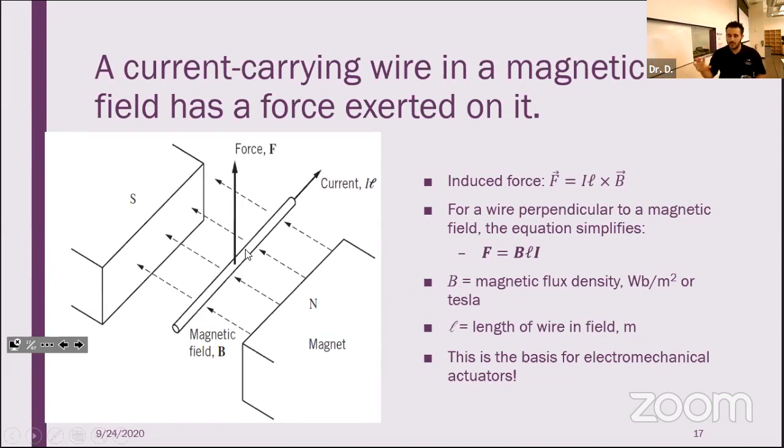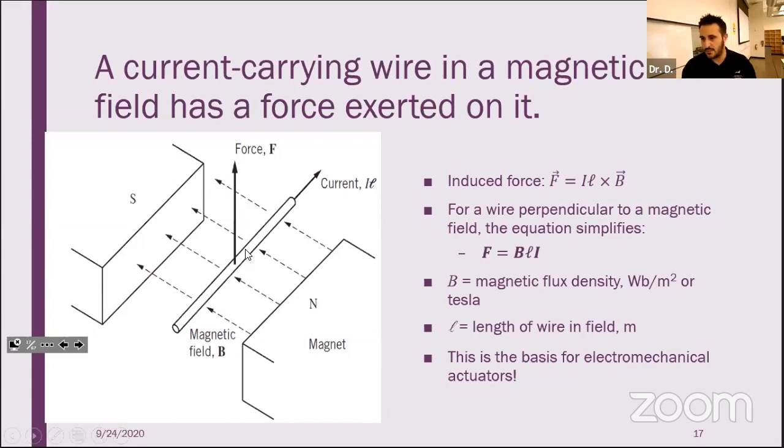If you've ever played with an electromagnet before, the more current you give it, the stronger that force is going to be. The stronger the magnetic field is, the stronger that force is going to be. The one that's weird is the length of the wire. Well, remember, the length of the wire also determines the size of our field.